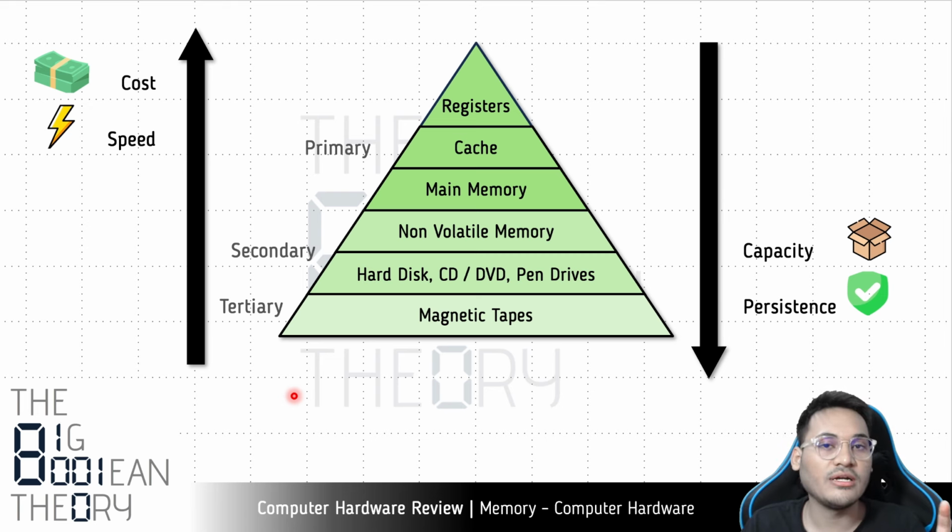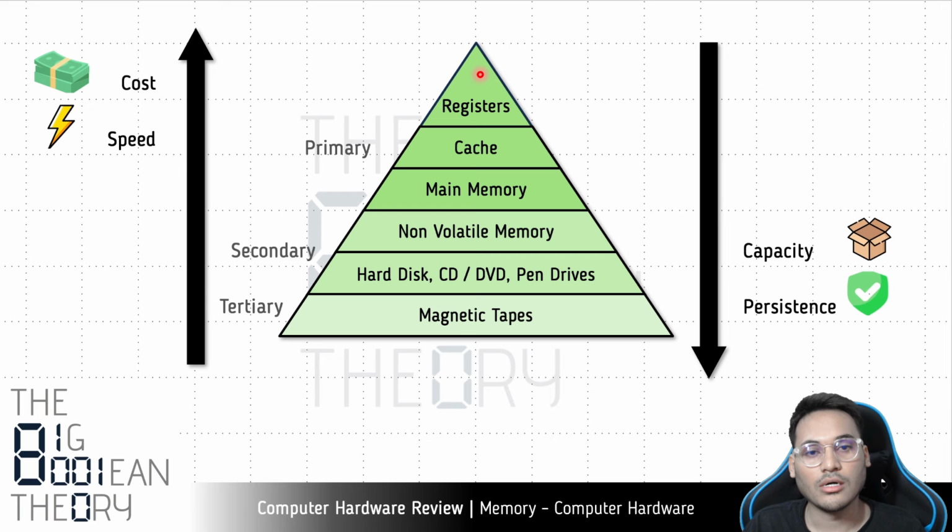So instead of using one type of memory, we go for different types of memory and compose a pyramid, something like this. What the pyramid is trying to say is that in any computer system, we use different amounts of different types of memories. At the top of the pyramid, where the pyramid is narrow, this signifies that the amount of registers that we use is least.